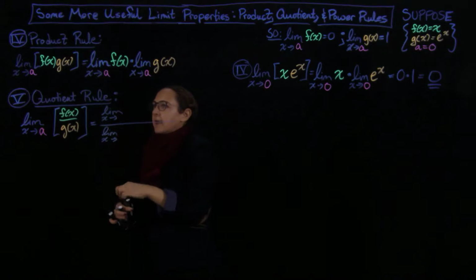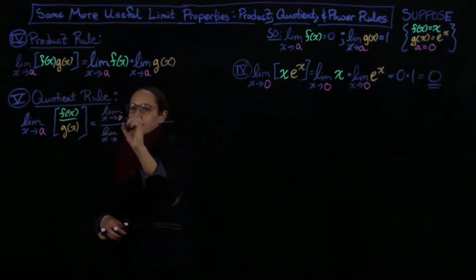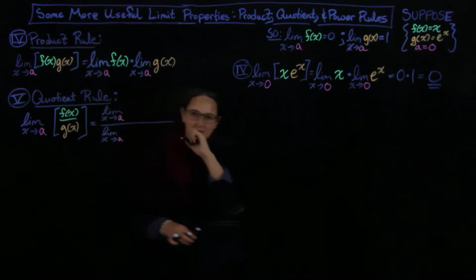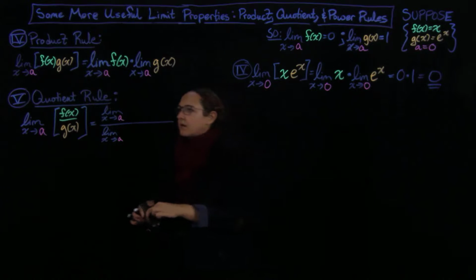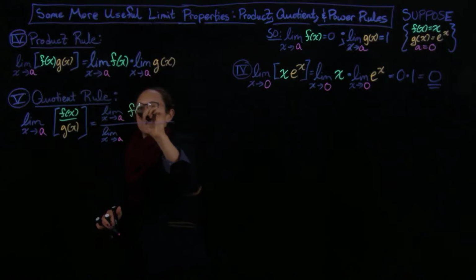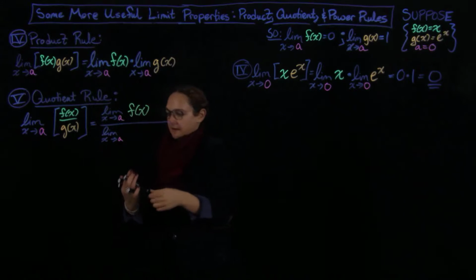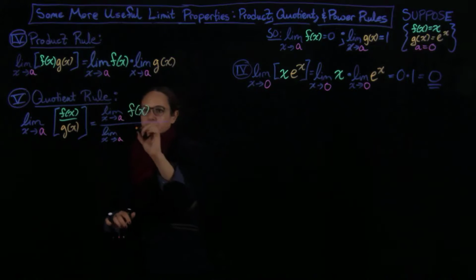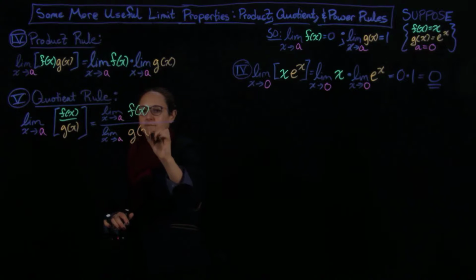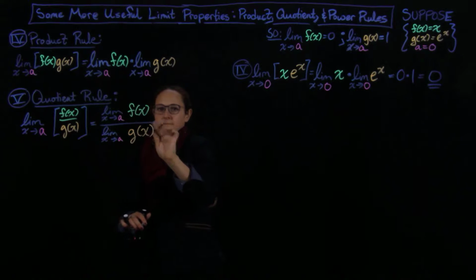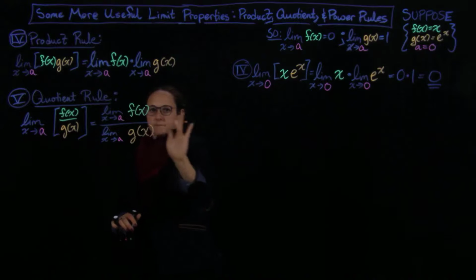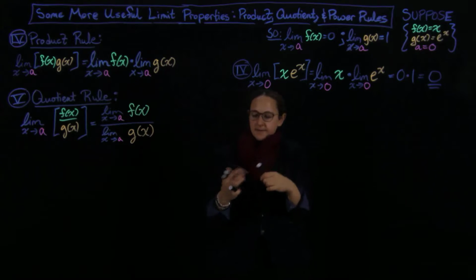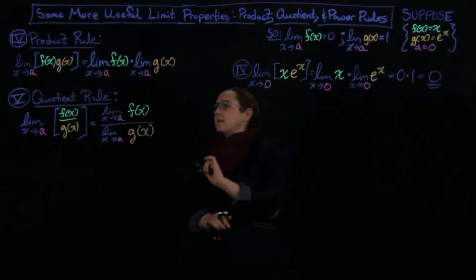Again, I'm drawing these in red so you can see that what we're taking the limit towards doesn't change. We have f of x on top, and we have g of x on bottom. Then let's apply this in this circumstance.